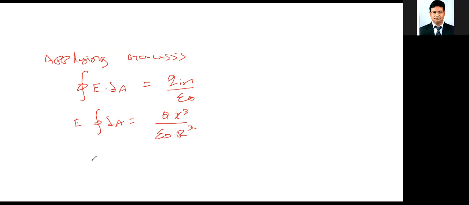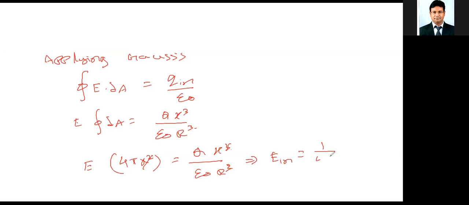And then E into integral dA will give us the surface area of the Gaussian surface. So the Gaussian surface is having radius x, therefore its surface area will be 4 pi x square. That is equal to qx cube by epsilon naught r cube. So I'll simply cancel this off, and I'll get the electric field inside is equal to 1 by 4 pi epsilon naught into qx by r cube.